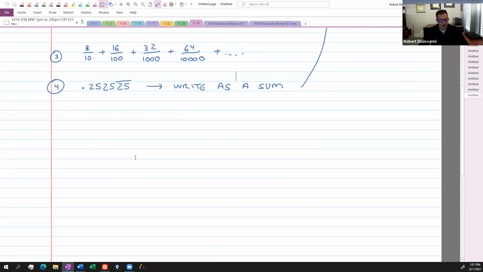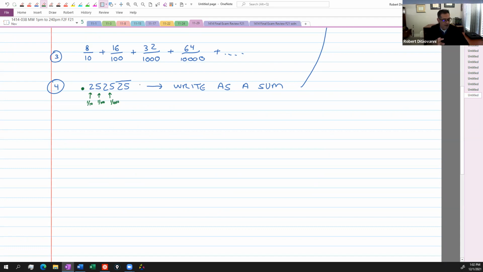All right, so the idea here is you have to understand what these decimals mean. Remember that the first position to the right of a decimal point is how many tenths you have. This is how many 1/100ths you have, how many 1/1000ths you have, and so on and so forth.